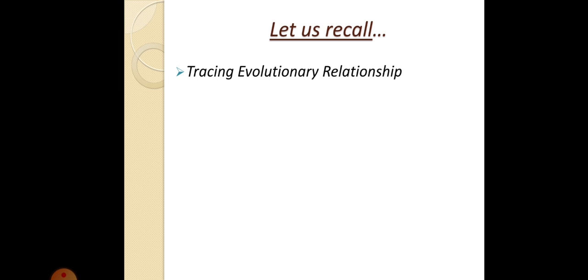Homologous characters are those that are similar in structure but different in function, whereas analogous characters are those that are similar in function but different in structure. And then we discussed fossils, which are preserved remains of plants and animals from the remote past, and they help us establish evolutionary relationships. So this is what we have studied in today's class.